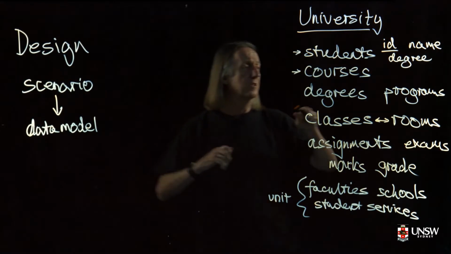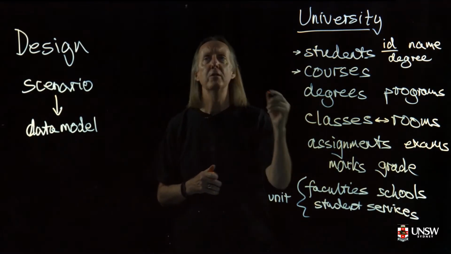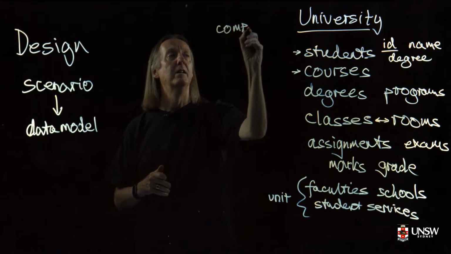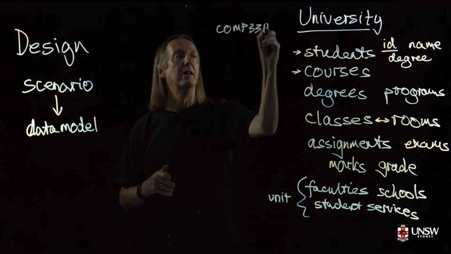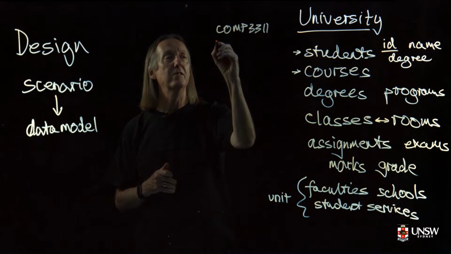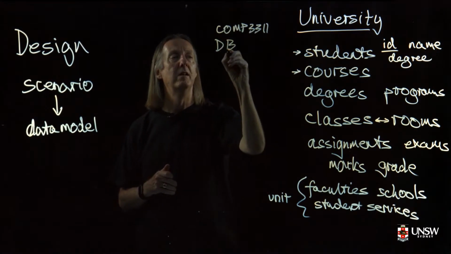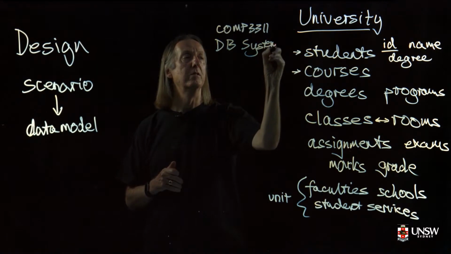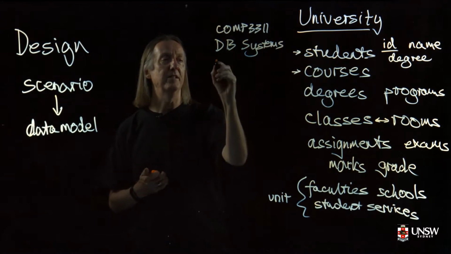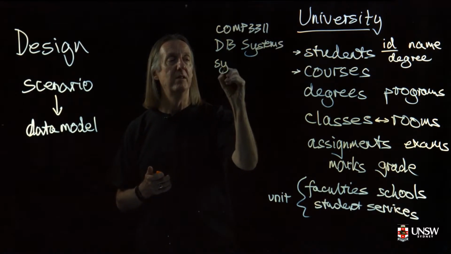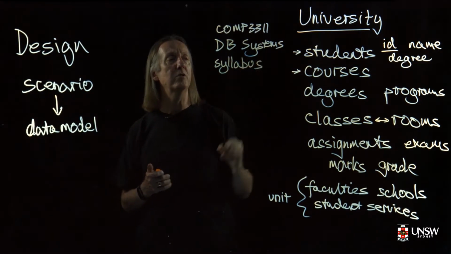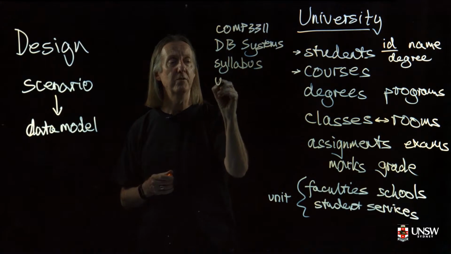Let's see, if we look at courses, well, courses have a code. So something like, and a title, and what else? And a syllabus, which is the thing that you see in the handbook, I guess, units of credit.